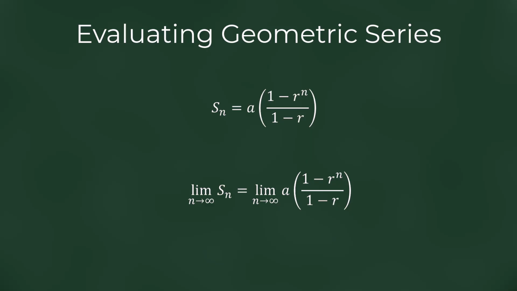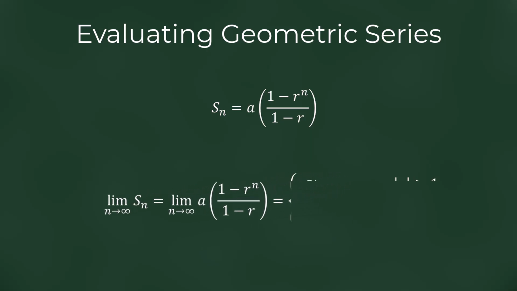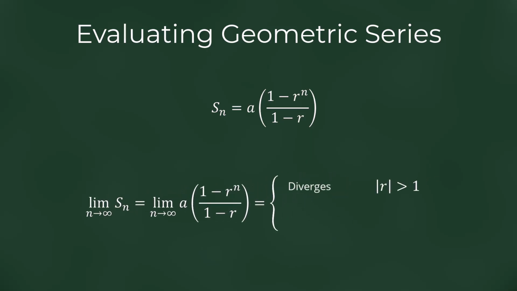The only quantity that's going to change in that expression as n goes to infinity is the r to the n. If r is bigger than 1 or less than negative 1, then that quantity as n goes to infinity is going to grow unboundedly, which means our limit is going to diverge, and therefore our geometric series diverges.